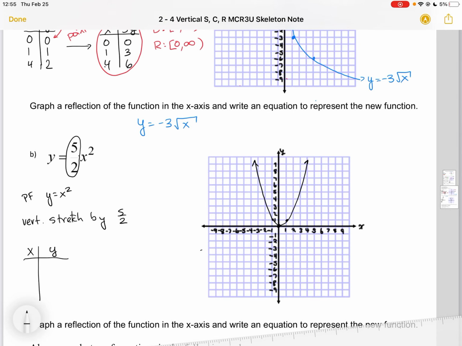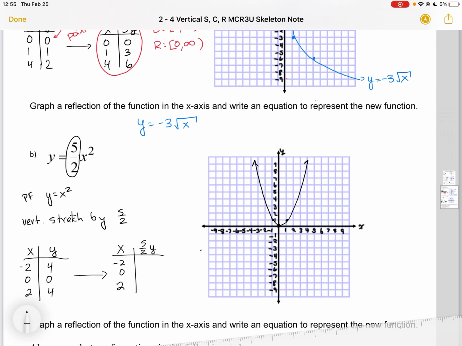And so then the next thing that I'm going to do is make my transformation. So I'll write down my table of values, and I'm going to choose some points here that are easy for me to work with. So let's choose -2, 0, and 2. And then my y value on my original parabola would be 4, 0, and 4. My transformation in this case only applies to my y coordinates, and it's a stretch by 5 over 2.